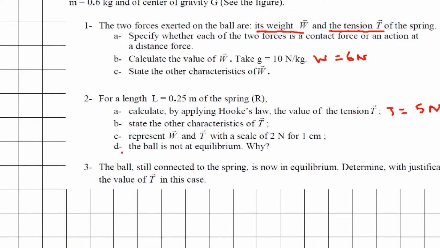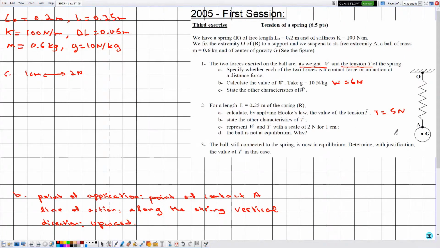And by represent, it means that we need to draw the vectors W and T. In order to draw the vectors W and T, we need to determine the length of this vector, because we know that rulers are graduated by centimeters and not by newtons. Let's start by determining the length of the vector W, which corresponds to 6 newtons. Now if we crisscross, 6 multiplied by 1 divided by 2 will give me 3 centimeters.